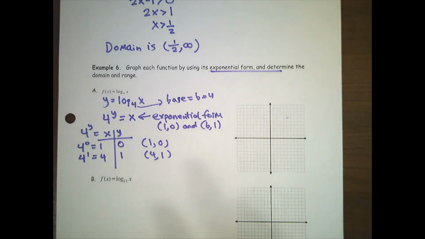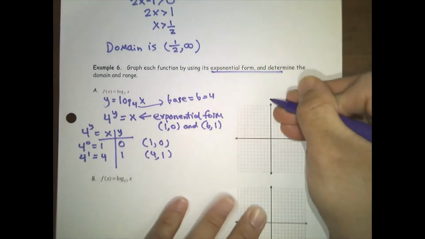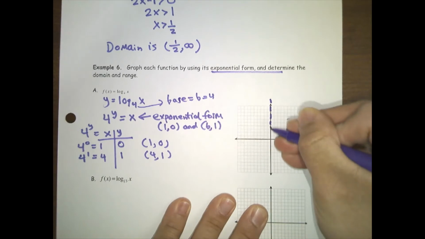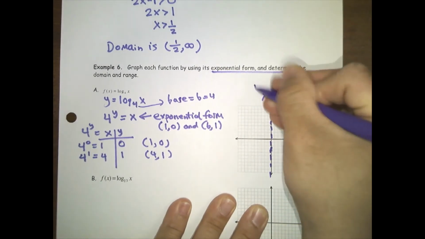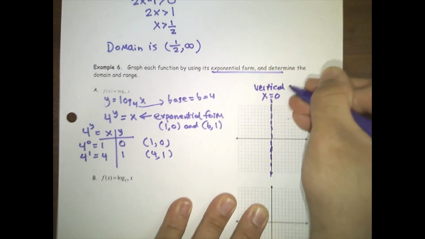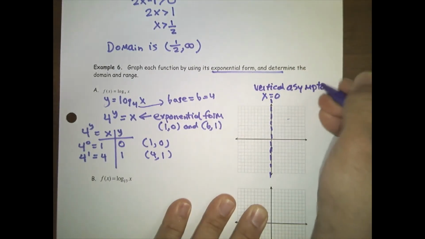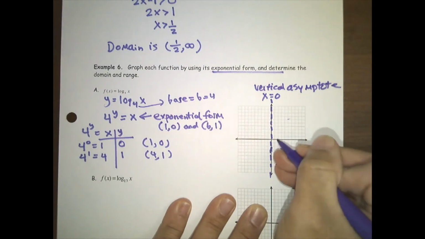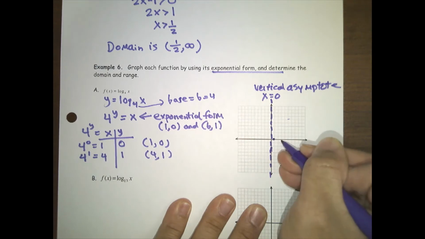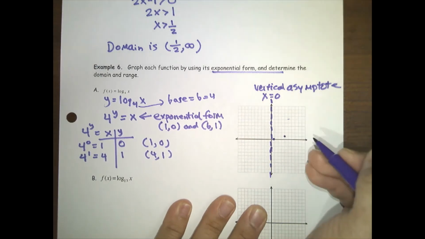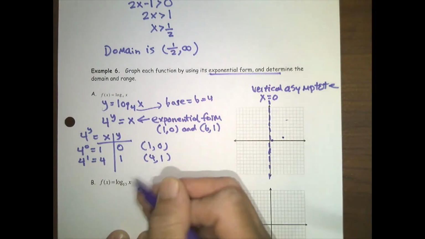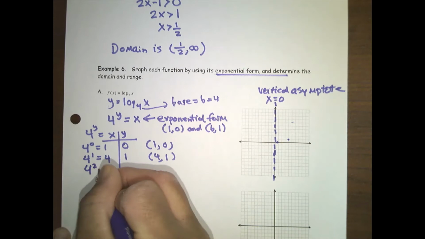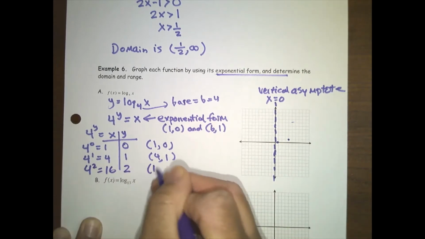So x equals 0 is the vertical asymptote, and then there's a point at (1, 0) and at (4, 1), and if you kept on going, 4 squared is 16, so (16, 2).